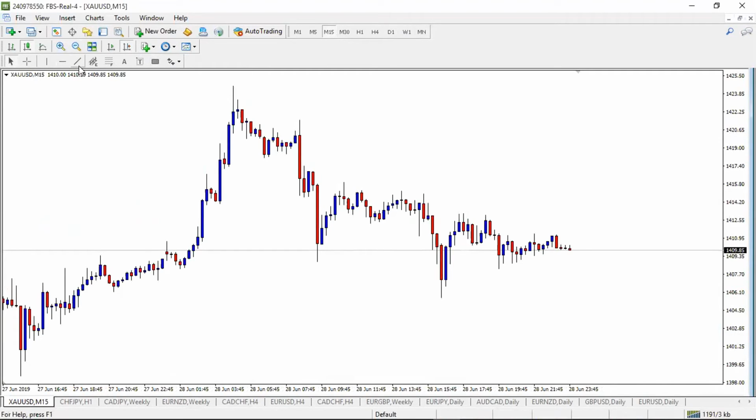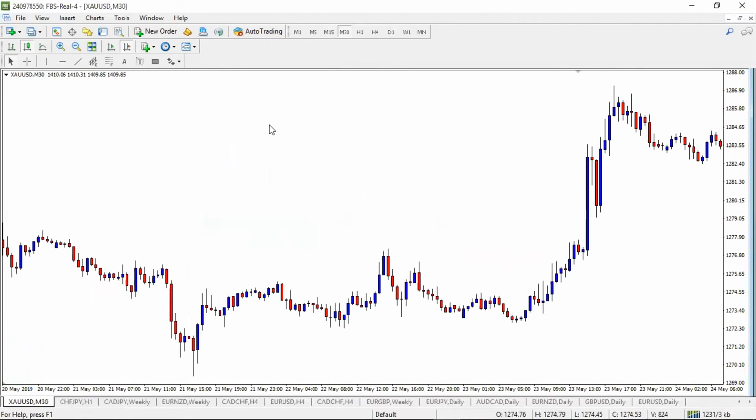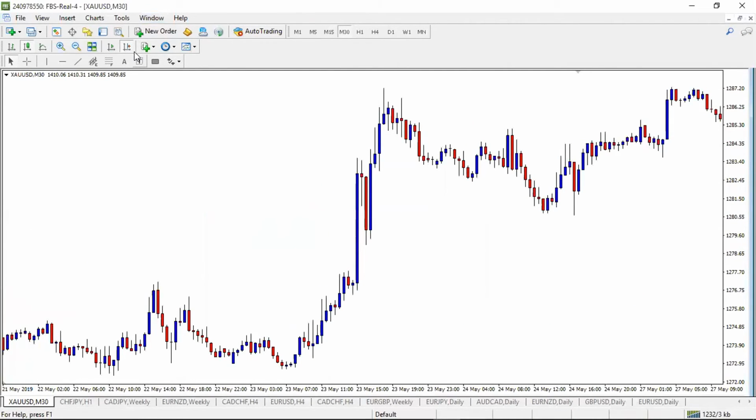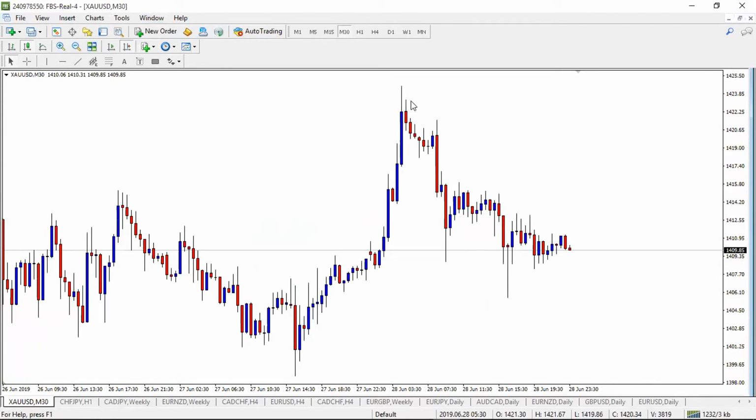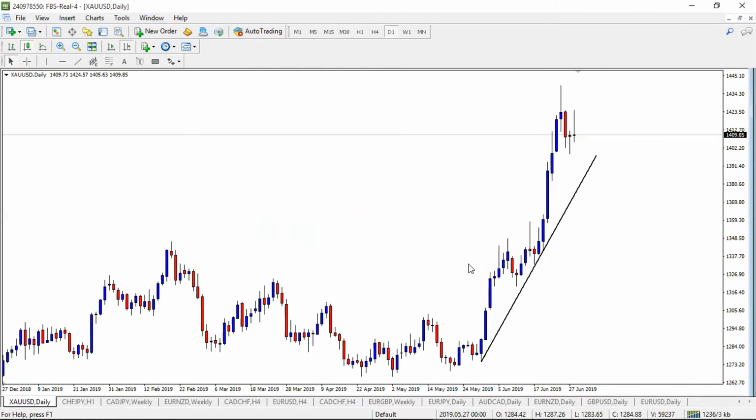We have a downtrend. Okay, sort of downtrend. Still consolidating for now. 30 minutes also, I think there's a downtrend on this one. This is a high, a low, a high, a low, lower lows, lower highs. It's a downtrend. But on bigger time frames, it's an uptrend. This is just a correction.